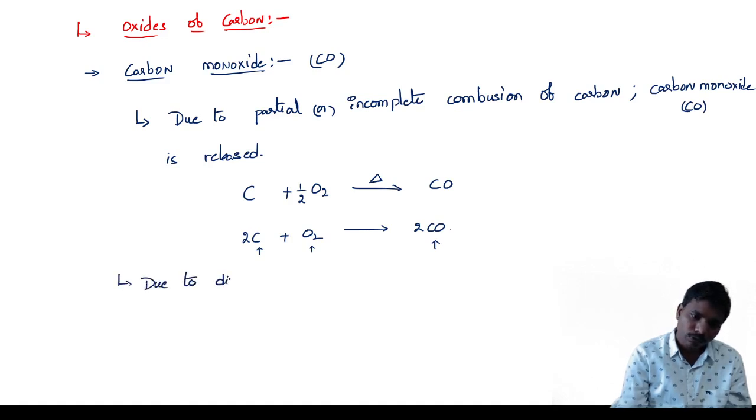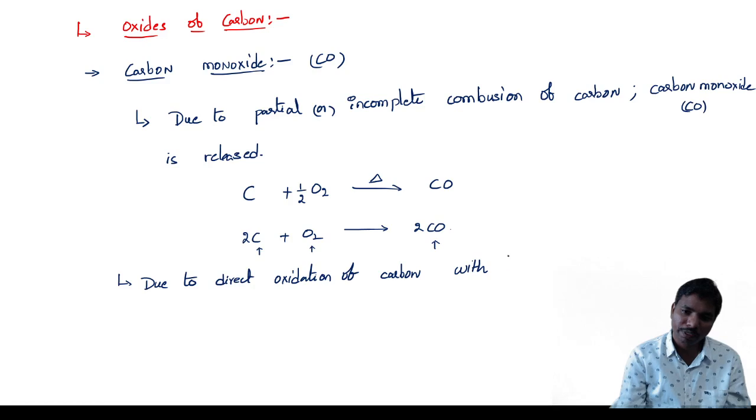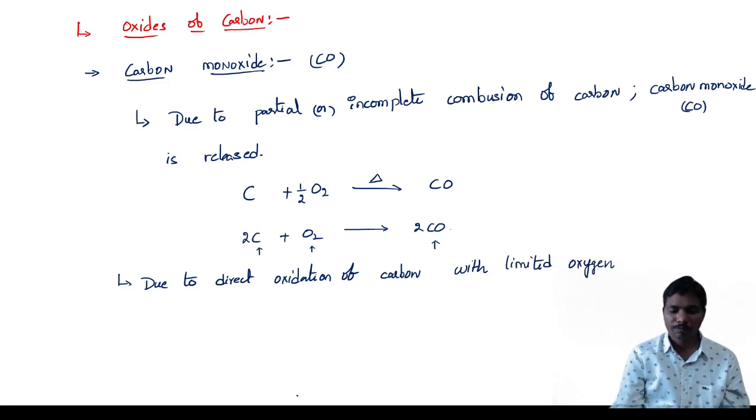So due to direct oxidation of carbon with a little bit of oxygen or limited oxygen, CO is formed.